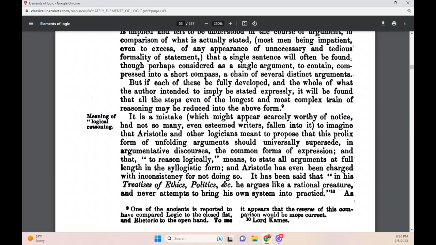So some people try to argue that when Aristotle explained how the syllogism worked and presented us with these formulas for valid arguments, he intended for us to actually speak like that every day and write like that. But that's not what he taught us. Again, he also wrote the book of Rhetoric, which explains how we're to speak eloquently.